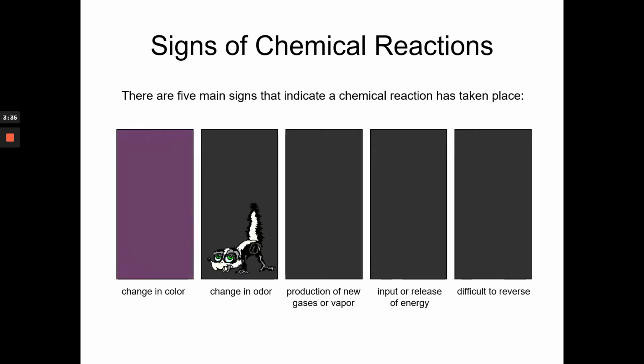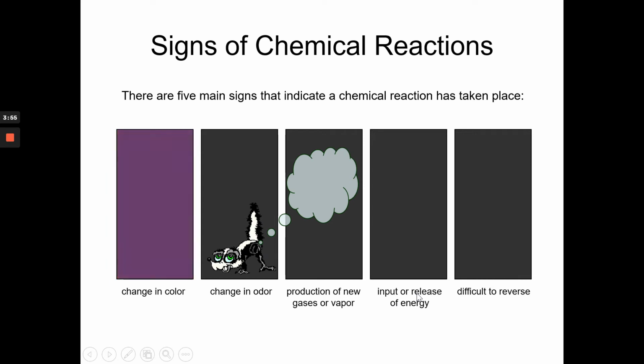That food has gone bad, so a change in odor, a little skunk to remind us that. Well, that little skunk might spray you, and that's a gas or vapor coming out, right? So again, if you mix chemicals and they produce a gas, that's oftentimes indicative of a chemical reaction.